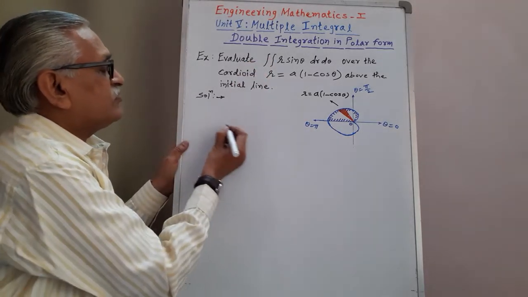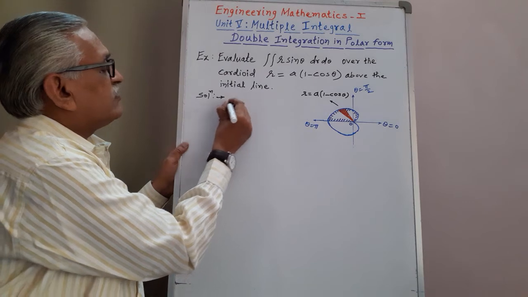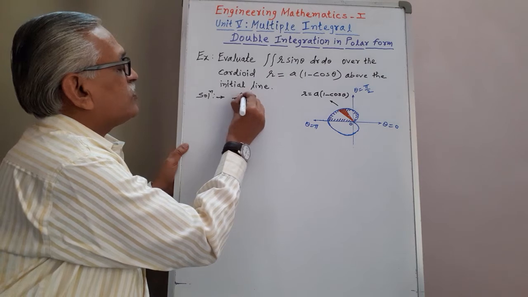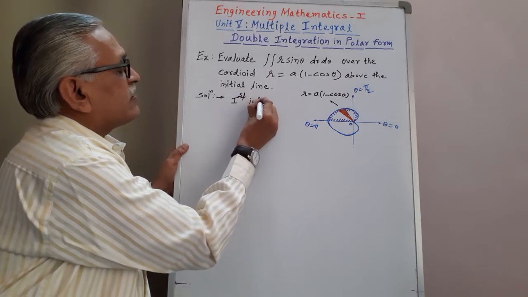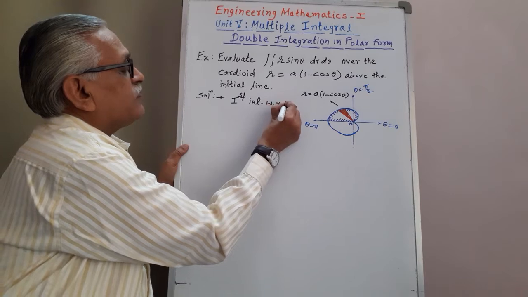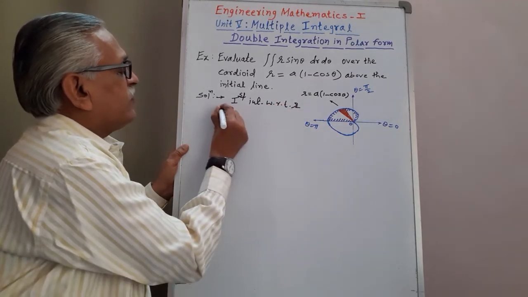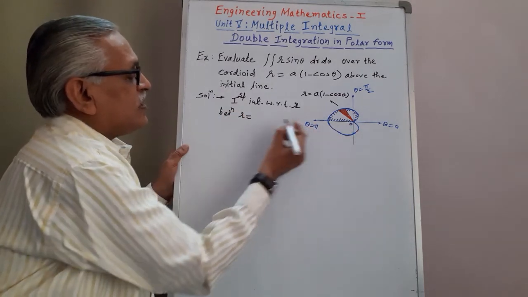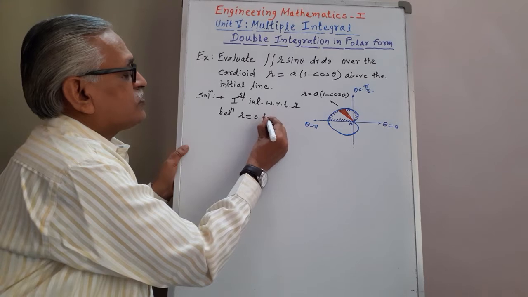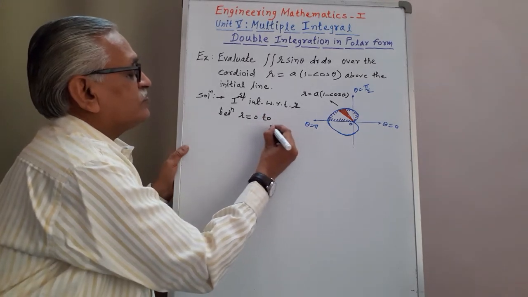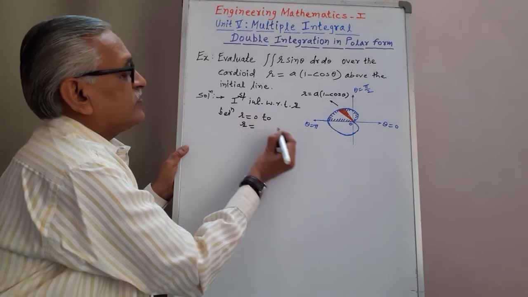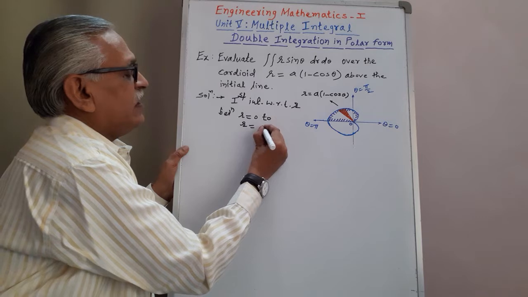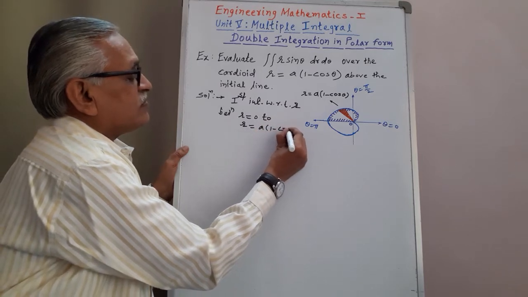And therefore, as per the rules, first we integrate with respect to r between the limits r equals, on the pole r is 0, to r equals, the upper end lies on this cardioid, a into 1 minus cos theta.